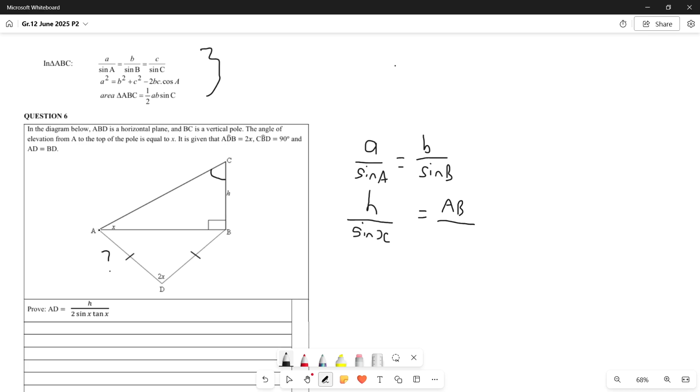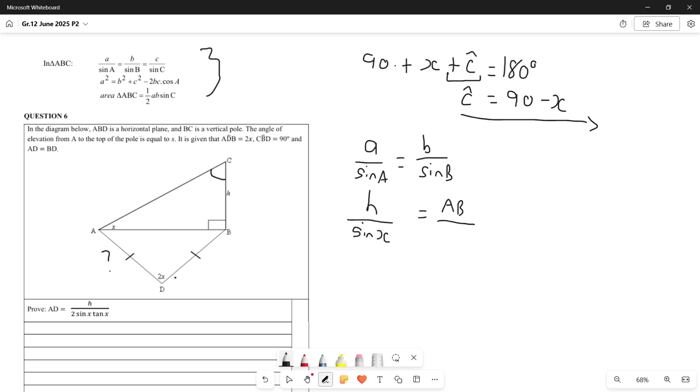But if we do interior angles of a triangle, we have 90 degrees here plus x plus this angle will equal 180. So if we do it up here, we have 90 plus x plus angle C equals 180 degrees. We don't need to write any reasons here. This is just interior angles of a triangle, but then we can just isolate for the C here by taking the 90 over. 180 minus 90 is 90, and then plus x taking it over becomes minus x over here.